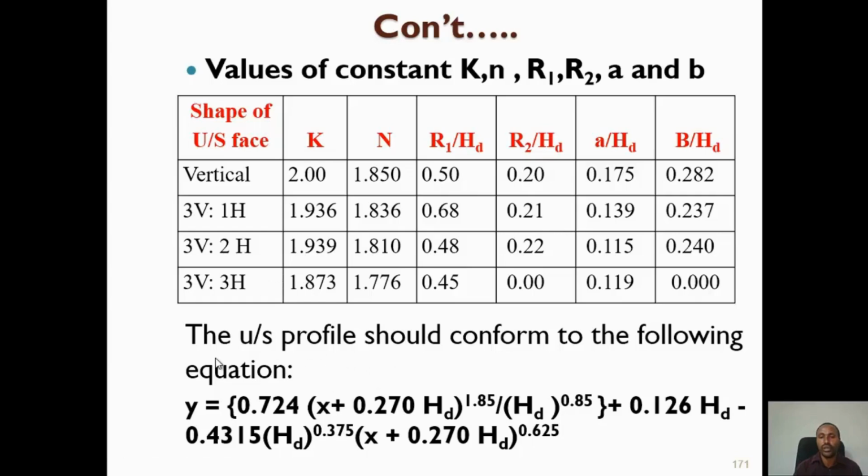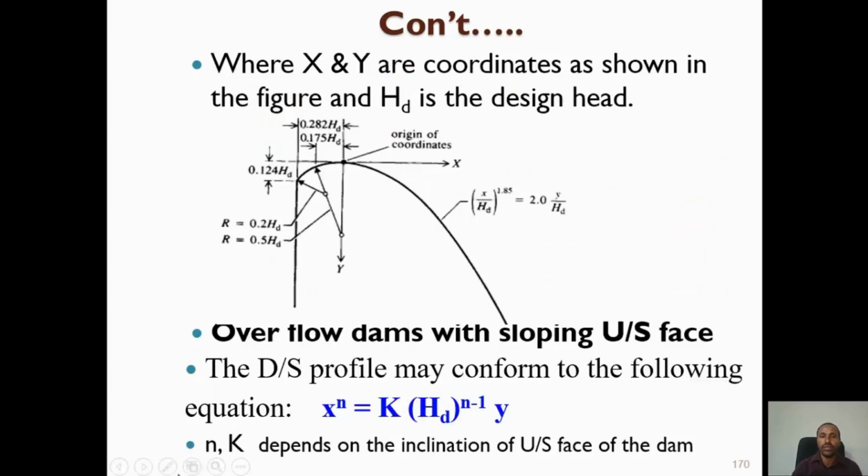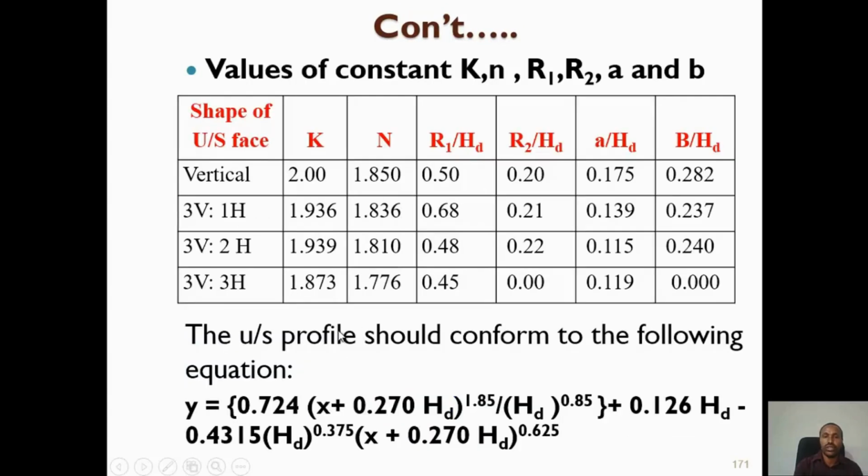But the upstream profile should conform to the following equation. So this is, I think, with a compound circular curve we can provide, let me go back again. So the upstream curve, this is the curve, I think you can provide this curve. So let us see, you have this value, then finally you can provide. So the upstream profile should conform to the following equation.